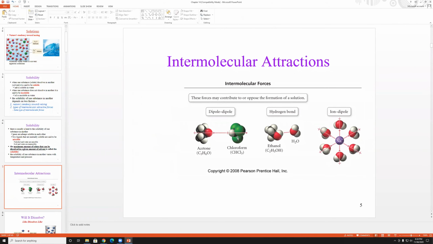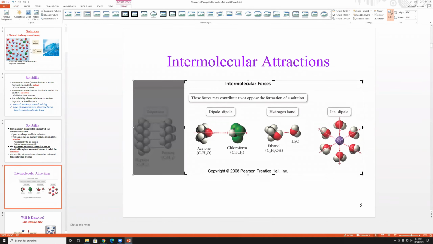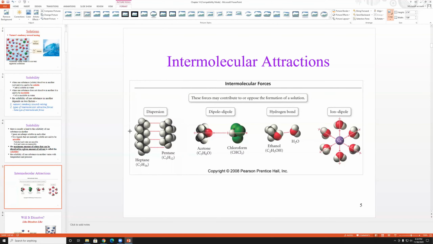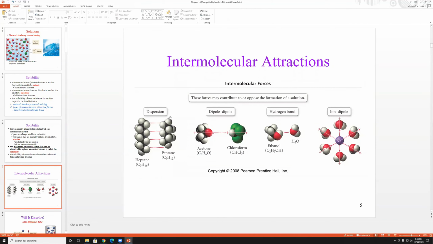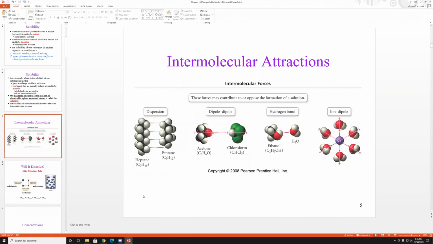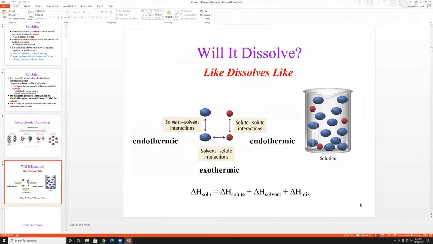So these 3 are all mostly soluble in each other, but the dispersion force, even though it's there, is not strong enough to dissolve. It's not a strong enough charge-related force to allow water to dissolve them. And that's a really non-polar thing. So everything from here to the right is polar in some way. Big differences in electronegativity. So just to reiterate, likes dissolve likes.